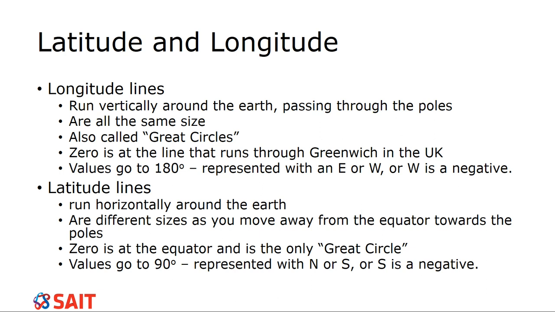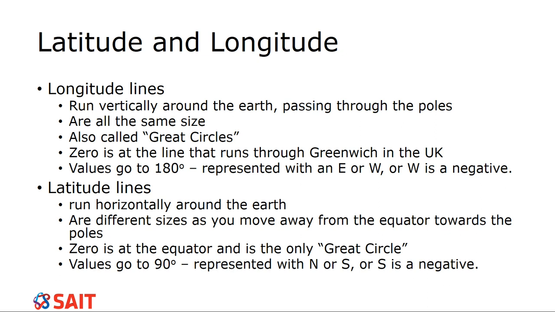Zero is at the line that runs through Greenwich in the UK. There was a big debate about that, and the UK won because they had more explorers or something coming out of there, and so that's why they used it. The values go to 180 degrees. Even though there's 360 degrees all the way around the circle, how we measure it on the Earth is we start at 0 in Greenwich and we go either east or west.